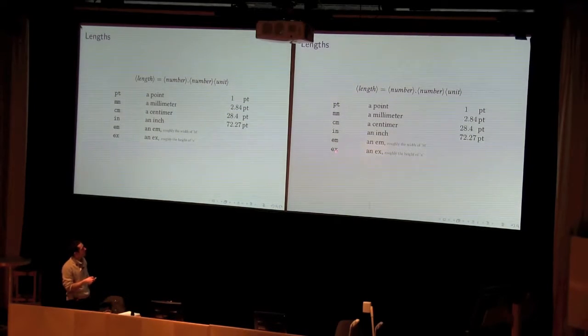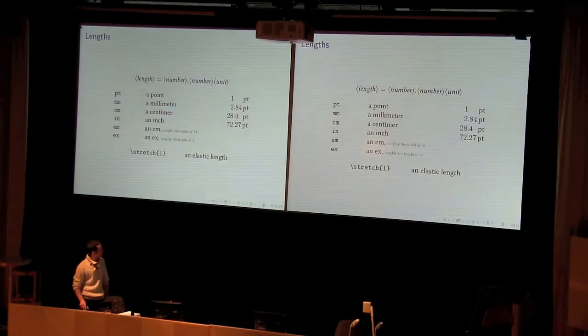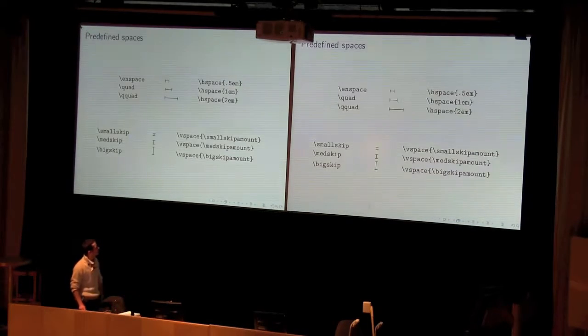So we have also the X, which is quite simply the height of one X. Okay. And this length, which is elastic, this is not exactly what is used in interword spacing, but we'll see later what it can be used for.